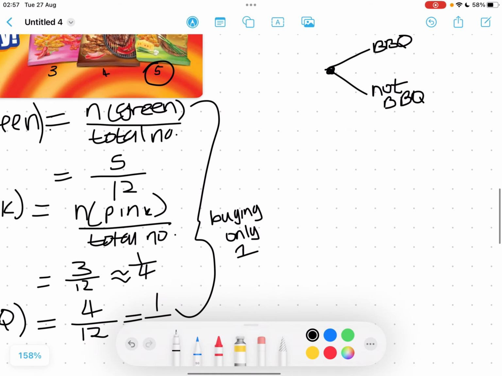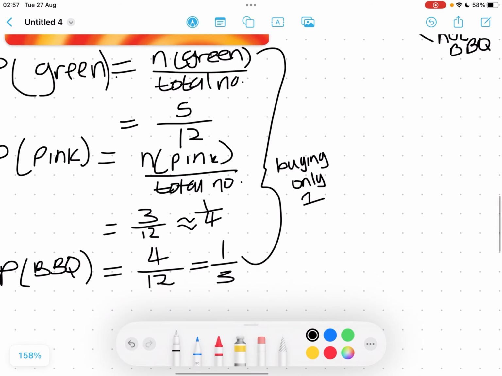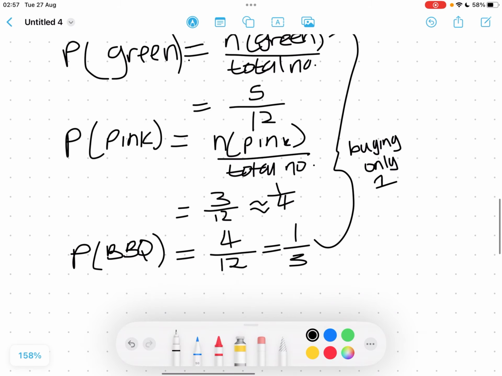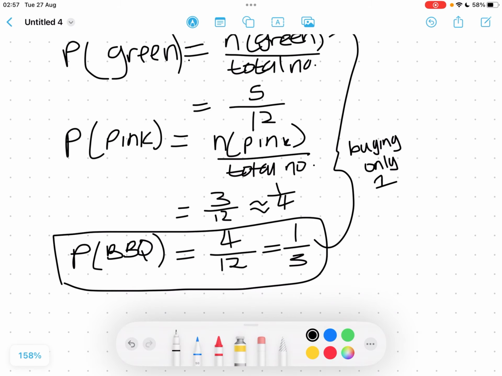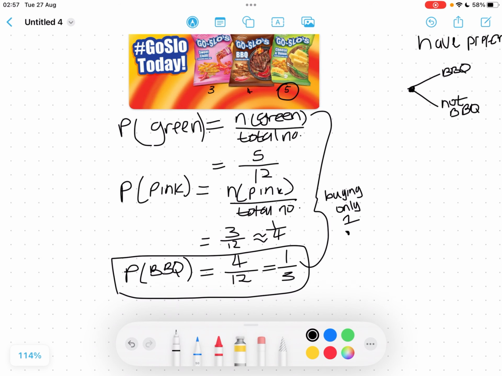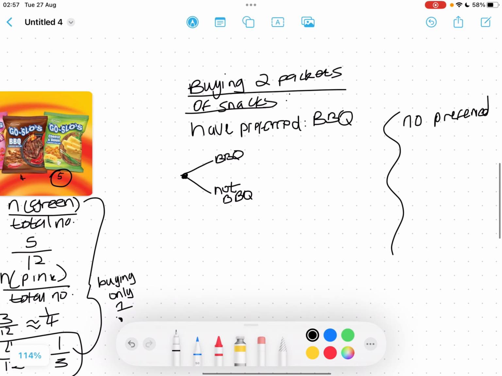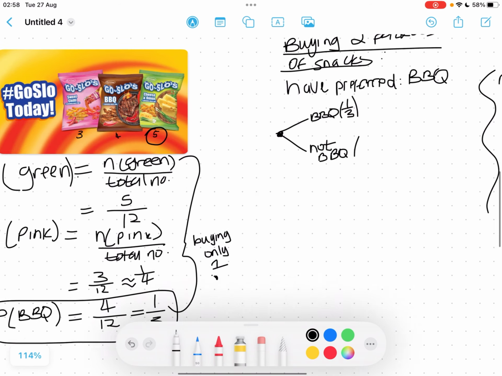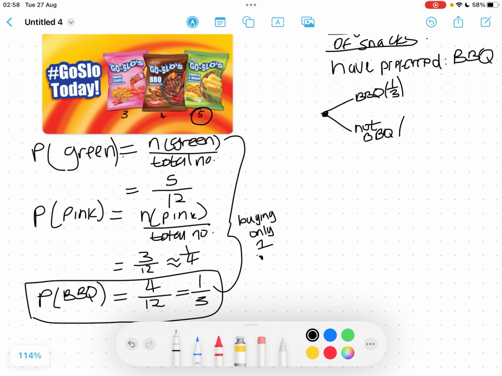So the situation that we have here, because we're just talking about the first one, is this probability. I hope you understand what I mean, because here we were buying only one, so the situation doesn't change. He's pulling out the first one, so the situation is still the same, right? So we have barbecue, which the probability of is 1/3, and then the probability that he won't pull out the barbecue snack will be the probability of pulling out pink plus the probability of pulling out green. Why?